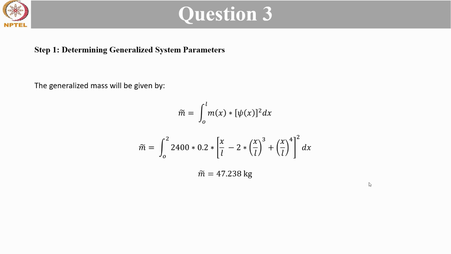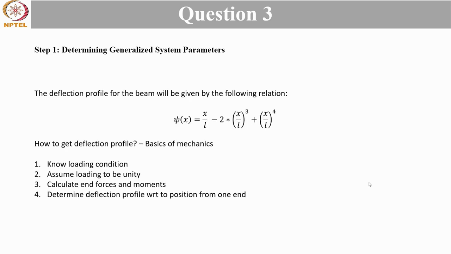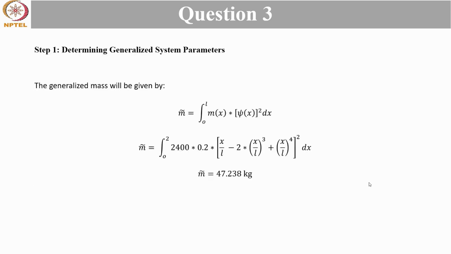For a small part of the beam the length will be dx, and the mass is 2400 into 0.2, the area of cross section, into dx. The deflection profile we know, so we need to integrate this function from 0 to 2, and we will get the generalized mass value.